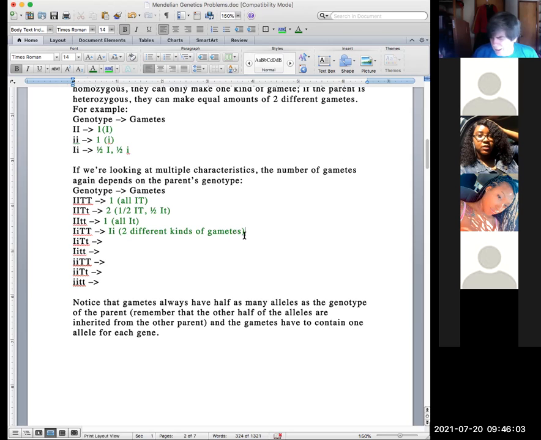So there are two different I's. And what we're going to do is we're going to count the number of different letters for each gamete, and we're going to multiply these together.